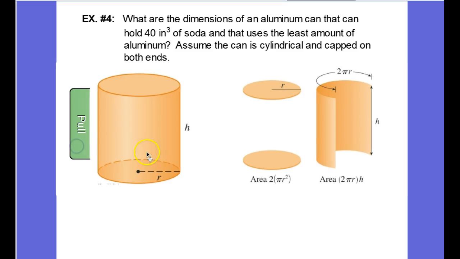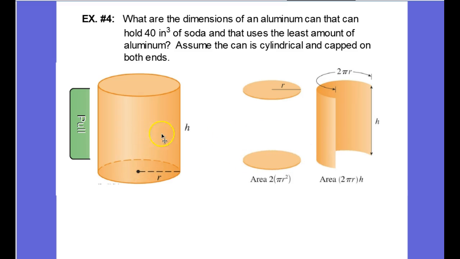So we have a cylinder and we have two circular areas, each of which is pi r squared because the radius is going to be the same anywhere in the cylinder.